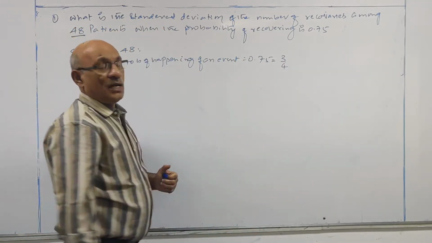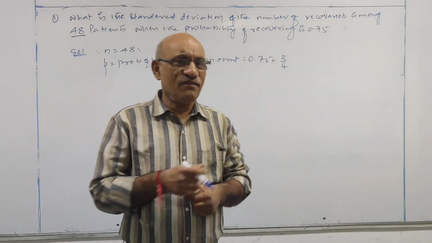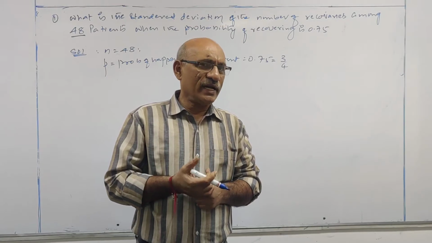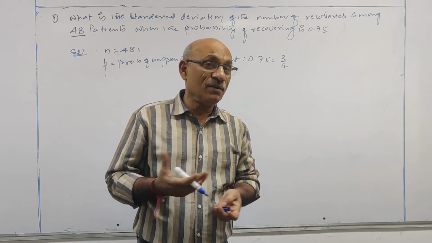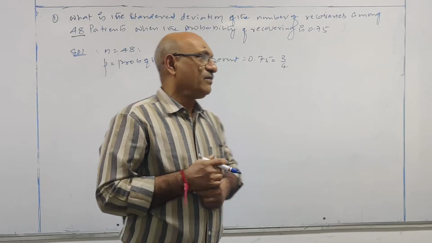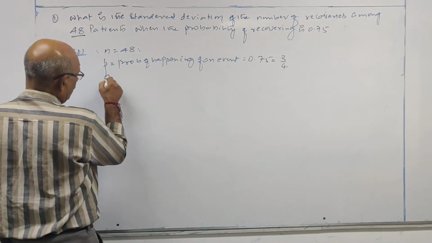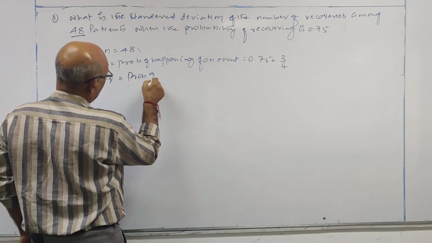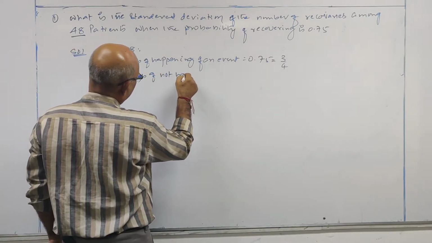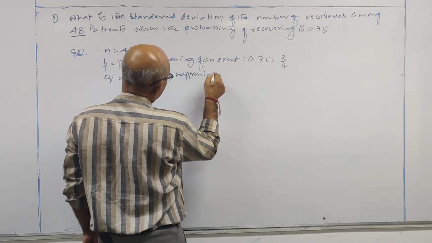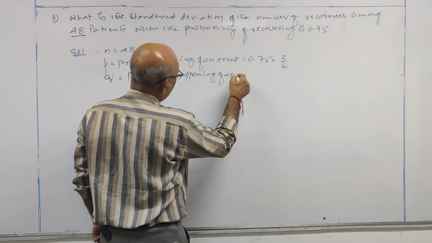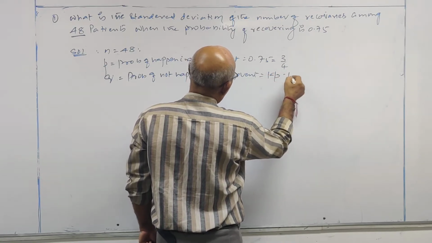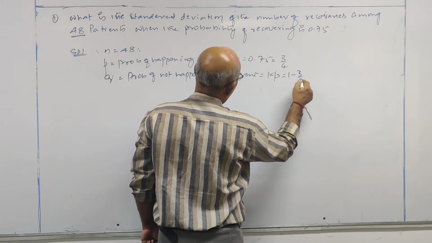Okay. Medicine is tested on 48 patients. 75% of them are recovered. Means the medicine is working effectively. So Q is equal to probability of not happening of an event. This is 1 minus P, 1 minus 3/4.